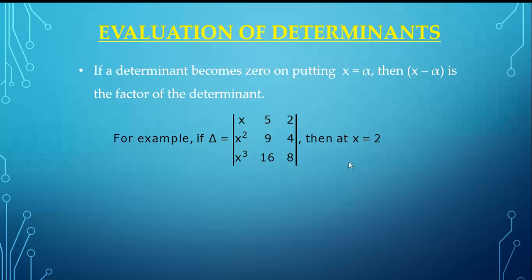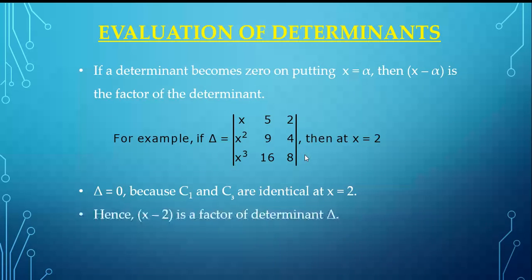When we put x equal to 2, our determinant is 0. Because when we put 2, it becomes 2, 2 square 4, 2 cube 8. So here our first and third columns become identical. And we know the property that if in any determinant two rows or two columns are identical, then its determinant value is 0, right? So when we put x equal to 2, our determinant value is 0.